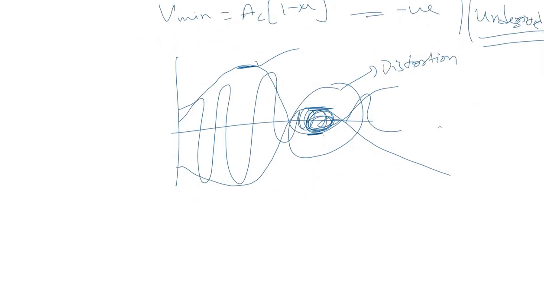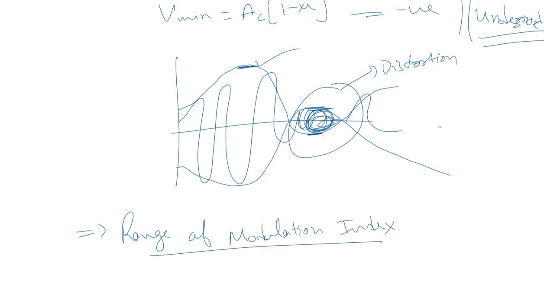The range of modulation index mu is kept between 0 and 1.